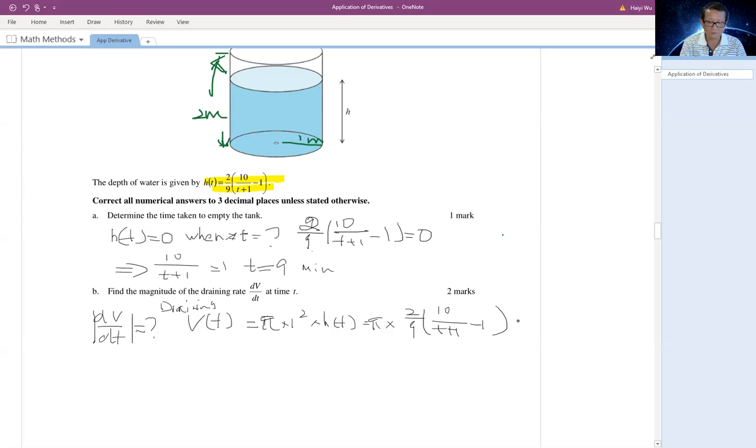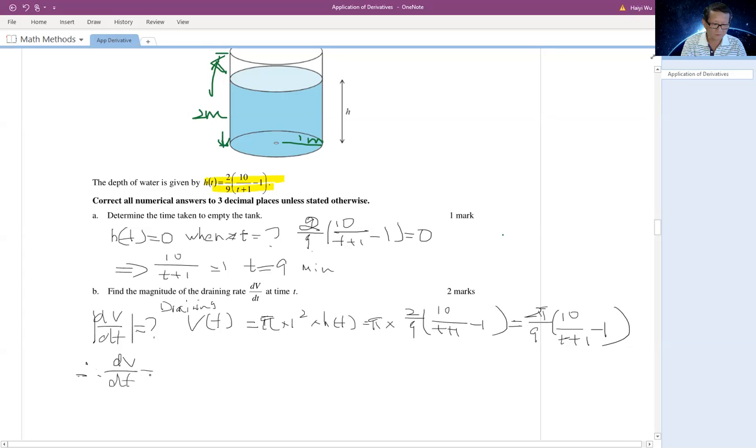So let's simplify to 2 pi divided by 9. Actually, we're going to leave it as this fraction, because we want to find dV/dt. So let's do dV/dt and differentiate that. 2 pi over 9 stays outside, and we differentiate inside the bracket.